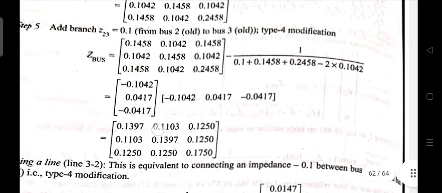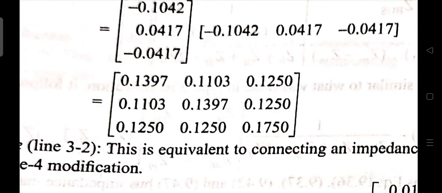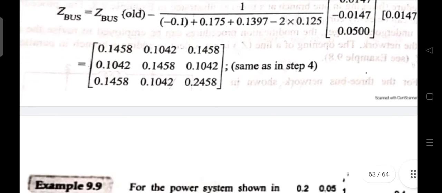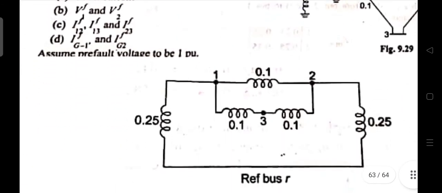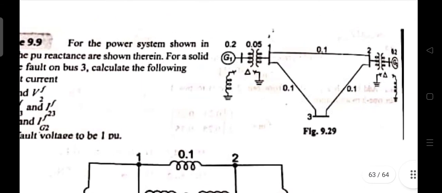So now we already know that this is the Z bus for our system. Okay, Z11 is 0.1397, Z22 is the same as Z11 and Z33 is 0.175. Z12 means the impedance between buses 1 and 2. Okay, so first we will find the fault current at the third bus.